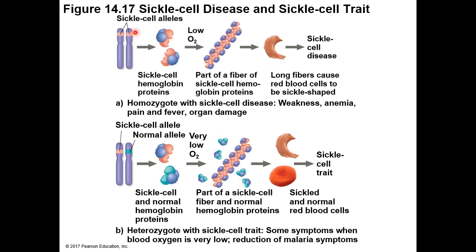This is going to lead to sickle cell hemoglobin proteins. Hemoglobin is a protein in your red blood cells that is important for carrying oxygen. So when the hemoglobin protein is compromised, it leads to an inability or low ability to carry oxygen.